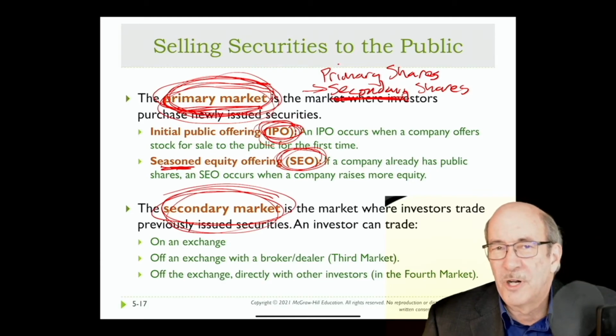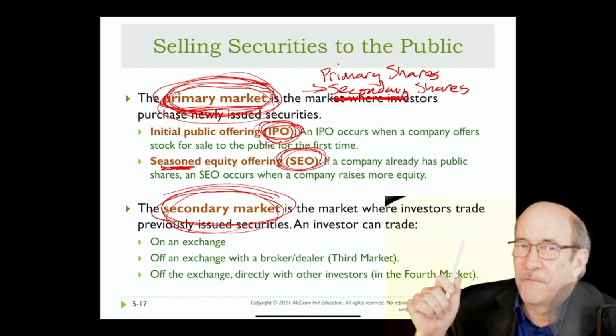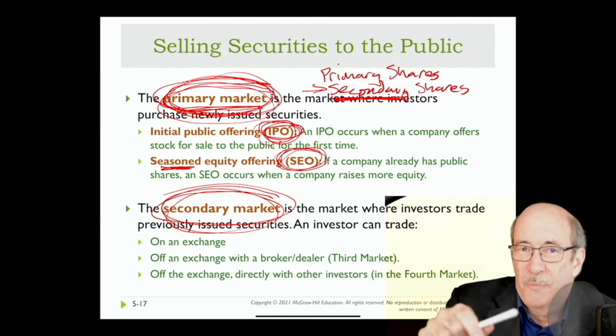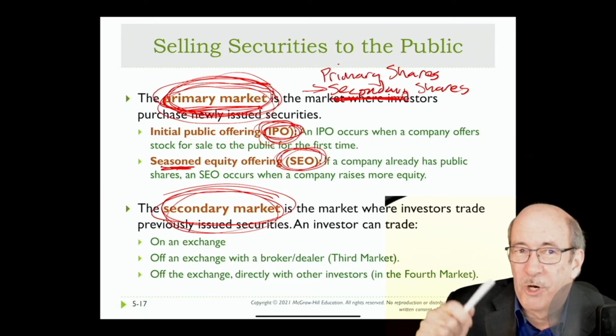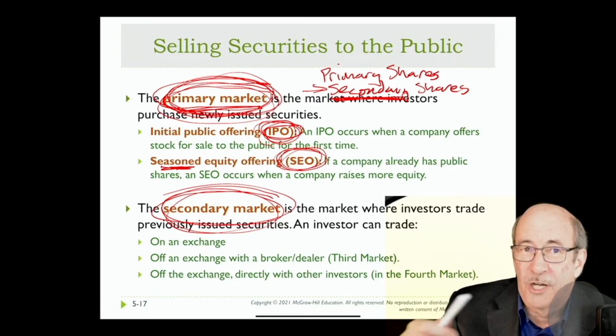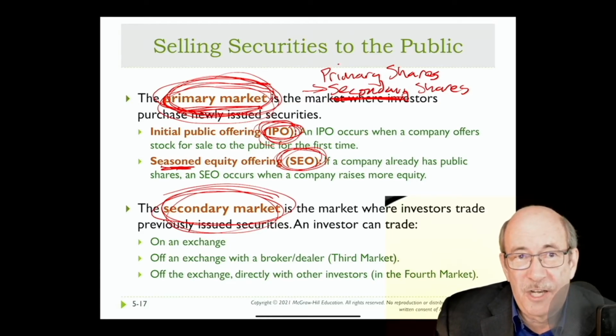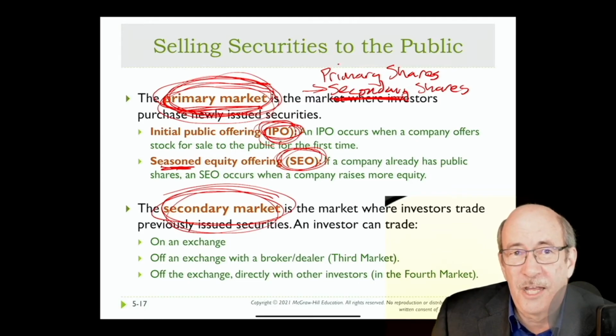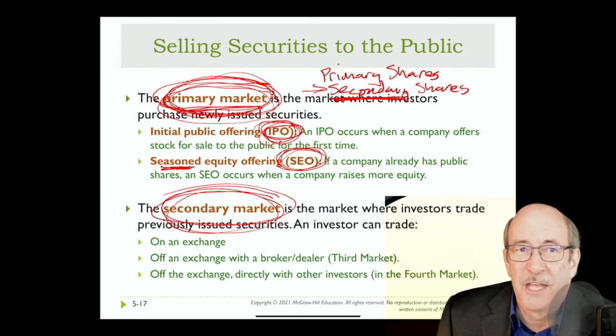So remember the cash flow rule. If the cash generated in that sale goes to the company, those are primary shares being sold in a primary market. If, as part of that primary market transaction, we include shares from a venture capitalist that had previously invested in the company when it was private, or a founder that had invested while it was private, those shares could be sold too.